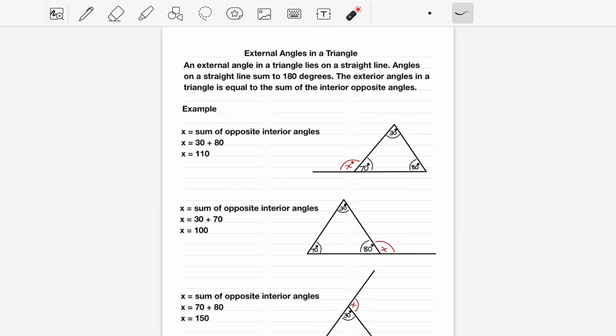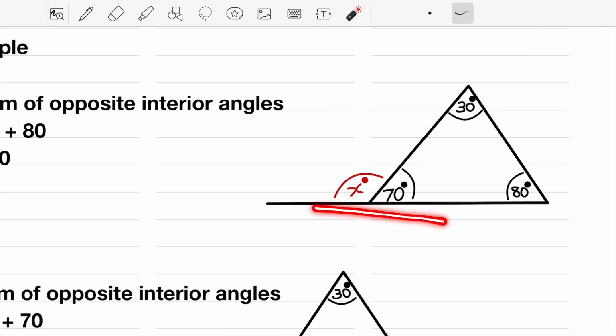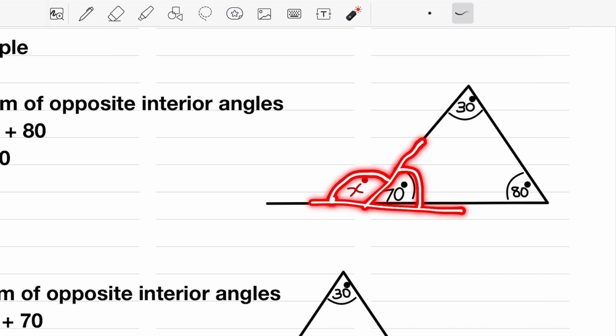External angles in a triangle. So you can take down these examples. Right, on a straight line, the angles sum to 180 degrees. So on a straight line, where we have two angles or more meeting at a point, these angles will sum to 180 degrees.